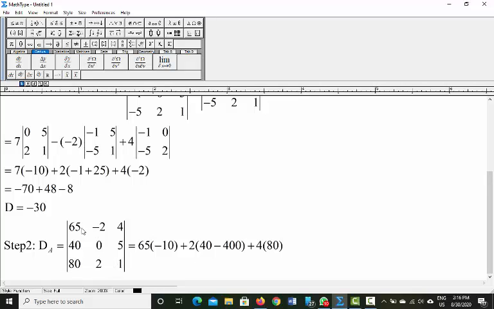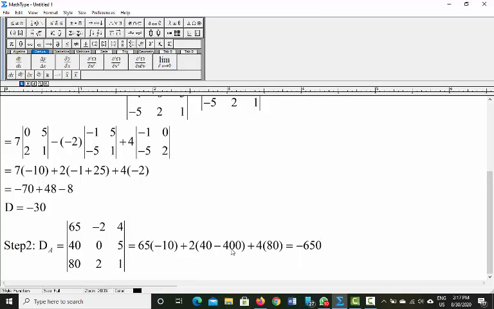So let me revise. 0 minus 10, so minus 10. When you take this one, we will have 40 minus 400. Correct. When you take this one, 40 multiplied by 2 is 80, minus 0, and minus 0 you don't need to write. So if you do the calculation, we will get minus 650.